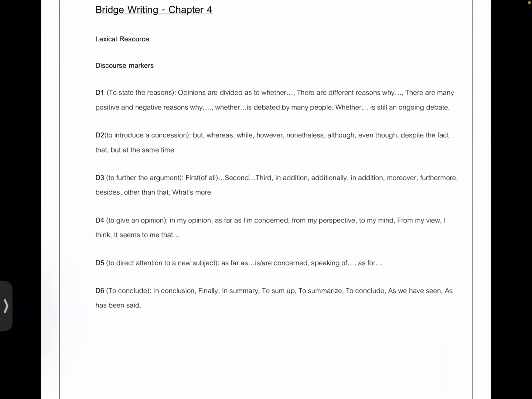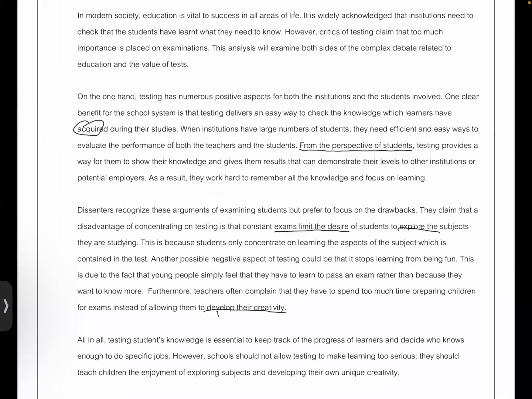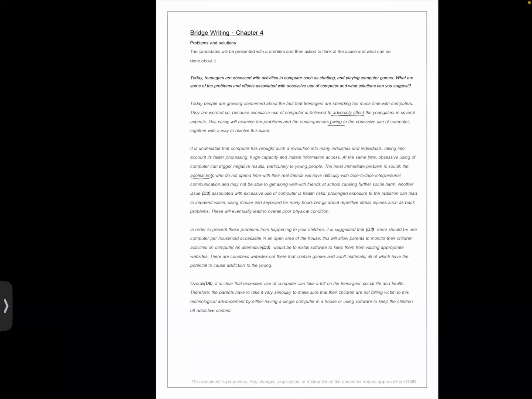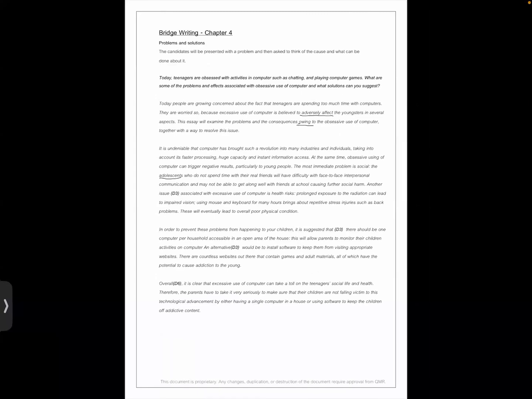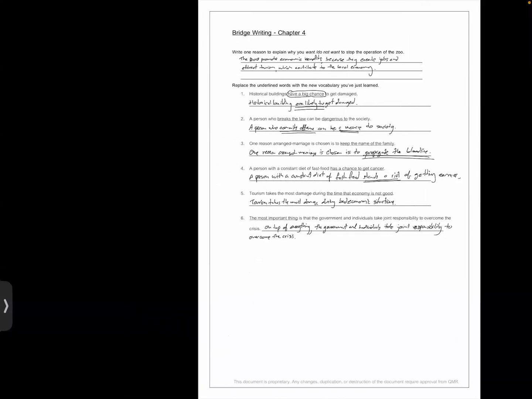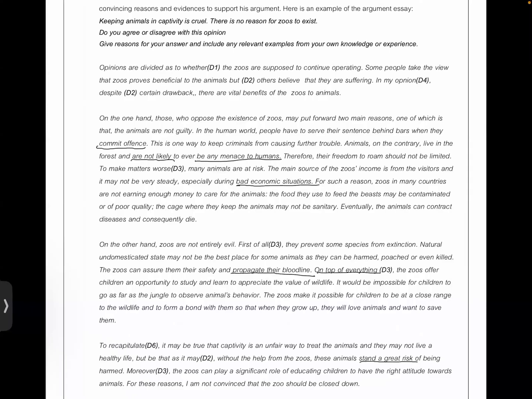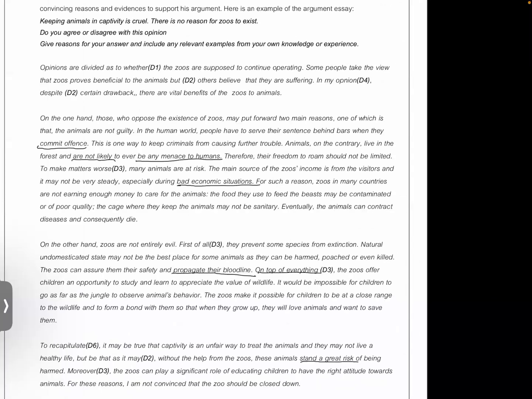If you wonder why there are so many Ds, if you go back here, you will notice that you will see some letters like D3 here. We have D3. If you go to the first essay, we have D1, D2, D4. So what are all these Ds about?